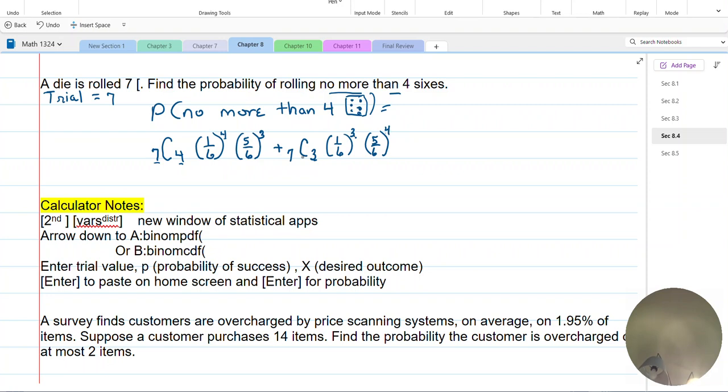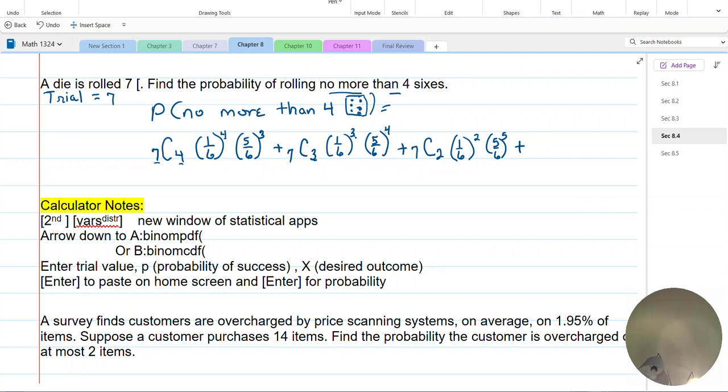Now these two add up to the trials. I'm going to have 7 choose 2 because that's possible. And I would have the 1/6. And now I'm at the 2. The failure is 5 out of 6. And that would make it the 5. Notice that everything adds up to the 7.